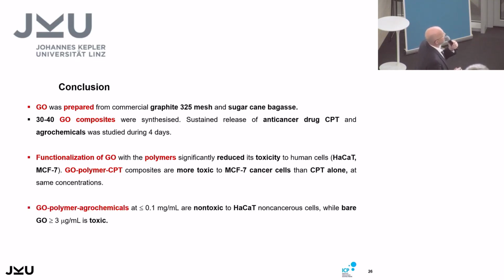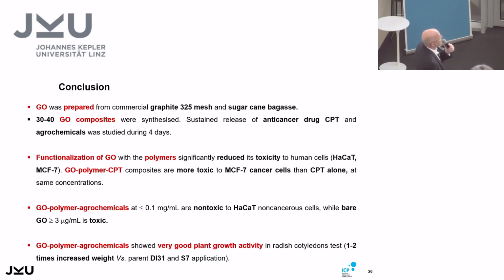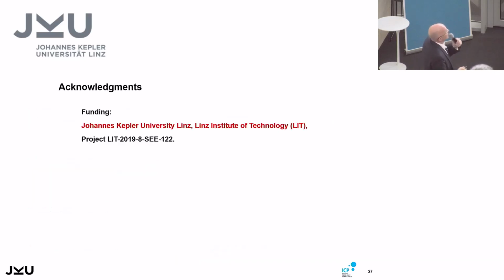And we investigated that and found out that the GO polymer CPT is more toxic to the cancer cells than CPT alone, which is advantageous. And the polymer agrochemicals here are non-toxic to keratinocytes, as I said, but they are showing good plant growth activity. So in both completely different applications, we saw successful usage of this kind of composite system.